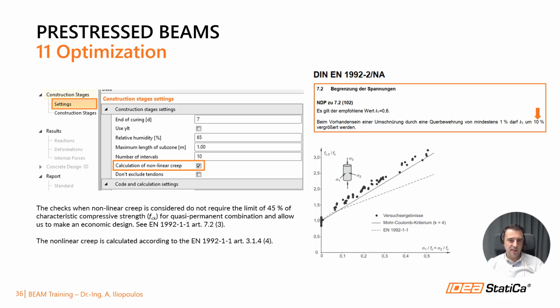Some national annexes may provide room for optimization in the case of the characteristic load. For instance, the German annex permits that the factor for compression in the characteristic load combination is increased by 5% in case sufficient confinement is ensured.